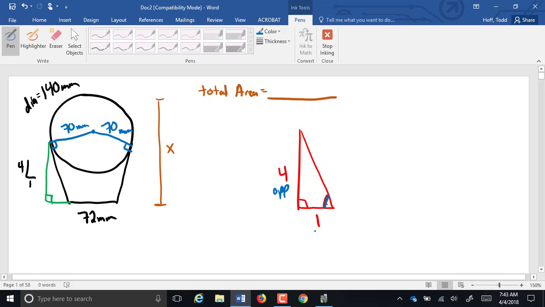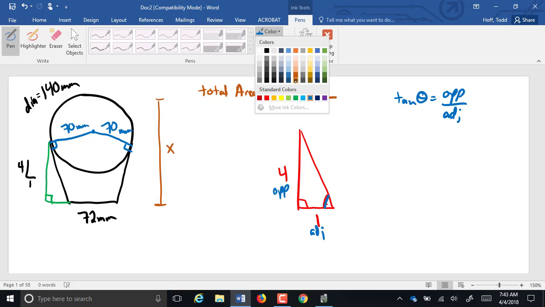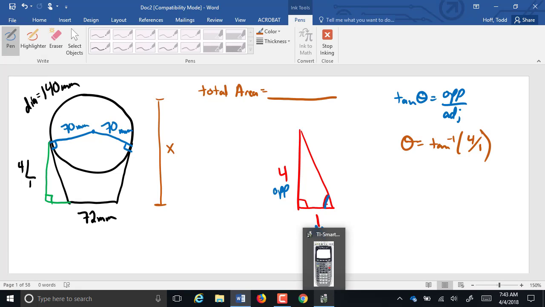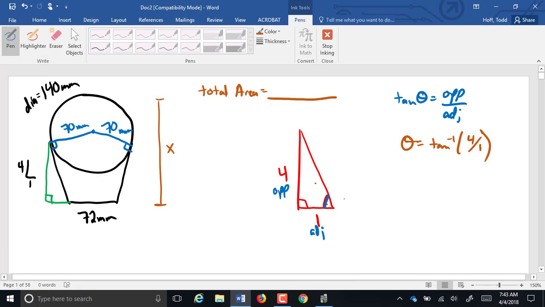Opposite. And the 1 is adjacent. Of course, that is the tangent function, opposite and adjacent. So we're going to do an inverse tangent of the opposite, 4, and the adjacent, 1. So inverse tangent of 4 gives us 75.96 degrees is that angle.